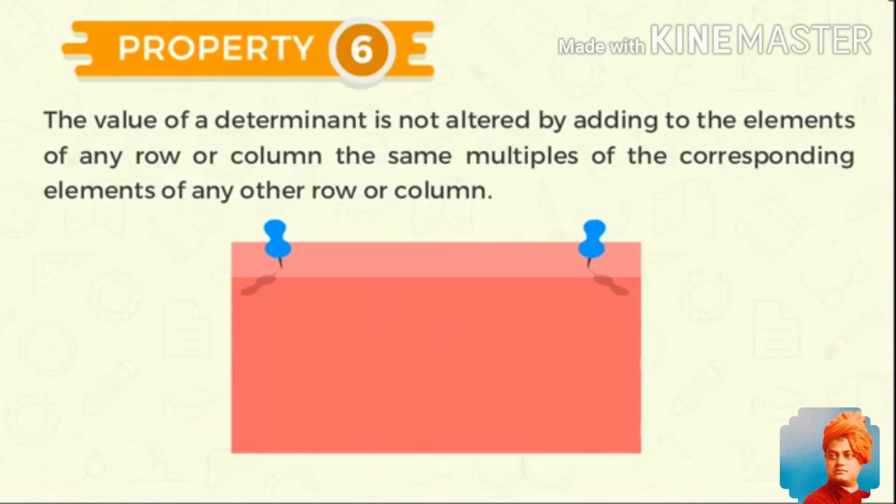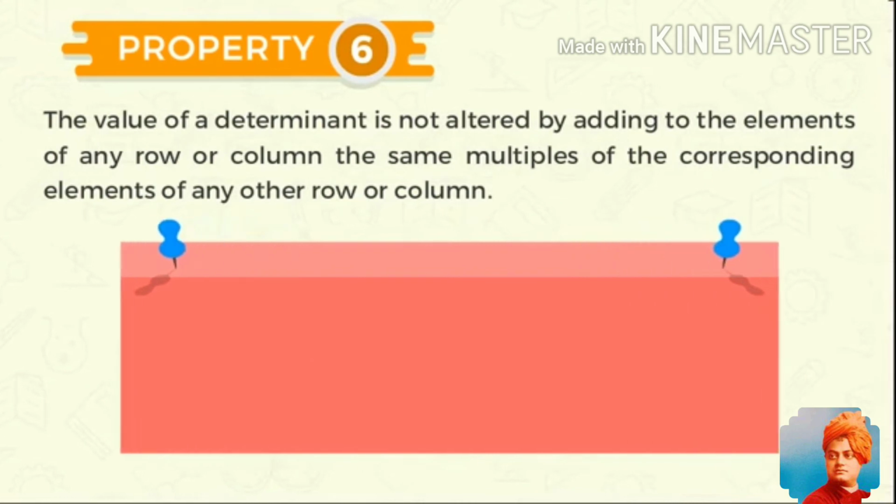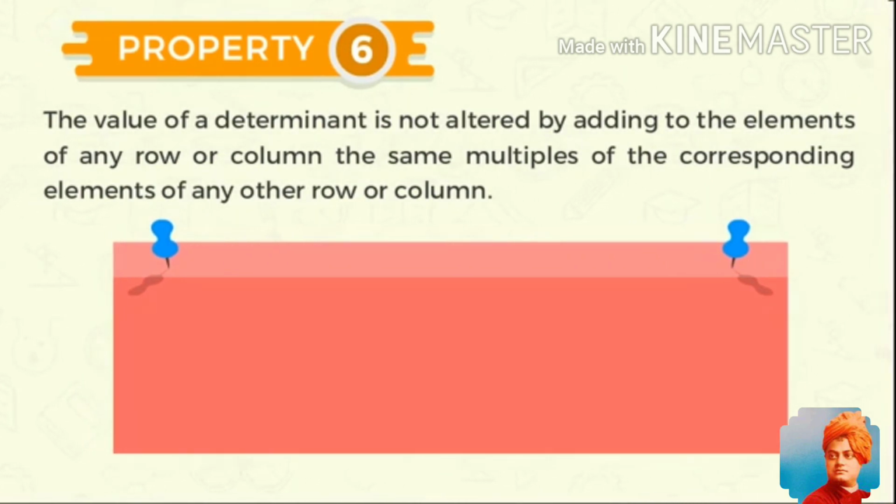We'll keep the second row stagnant and try to change row 1 and row 3. So row 1 becomes R1 plus M R2 and row 3 becomes R3 plus N R2. Here we will write D dash as the new determinant formed with this application.